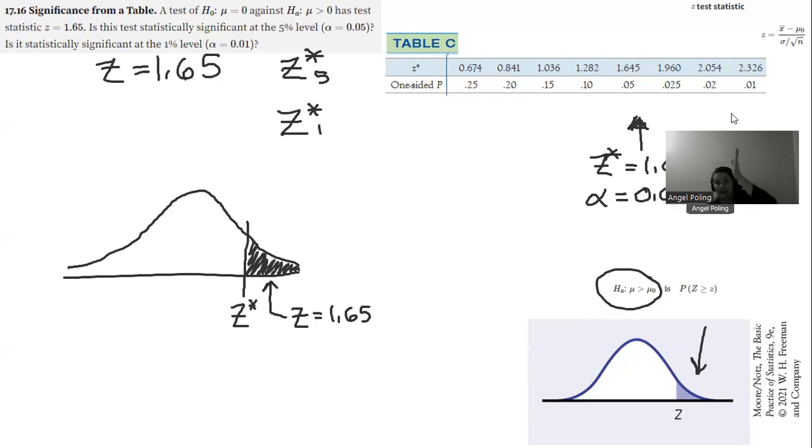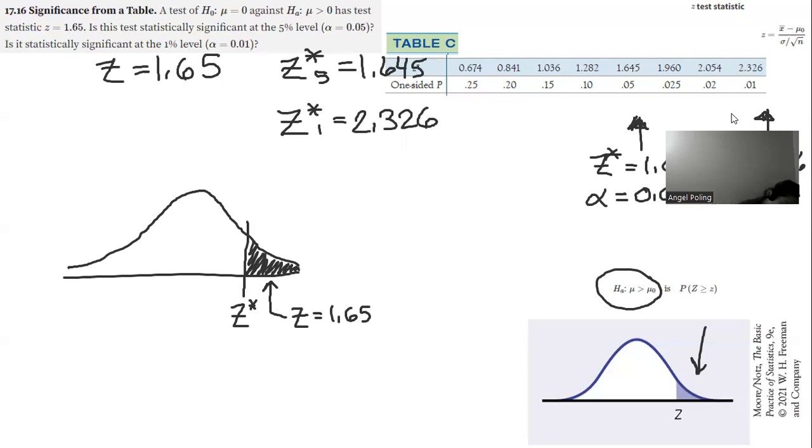And then if you go down 1, 2, 3 more columns, we've got a z-star of 2.326 for the alpha equals 0.01. Okay, so we have then a 1.645 and a 2.326.